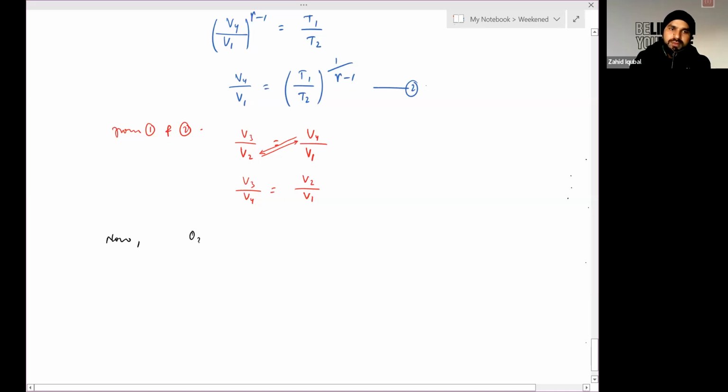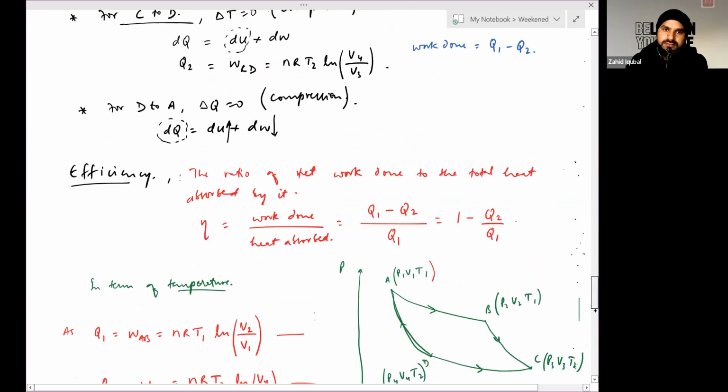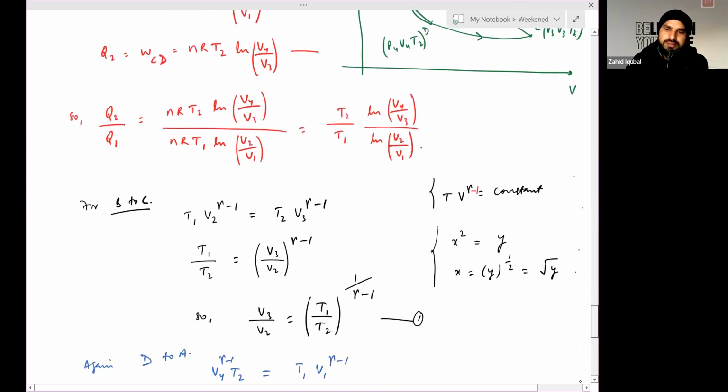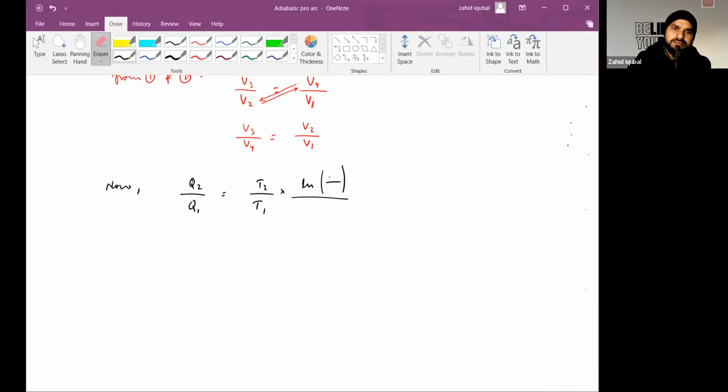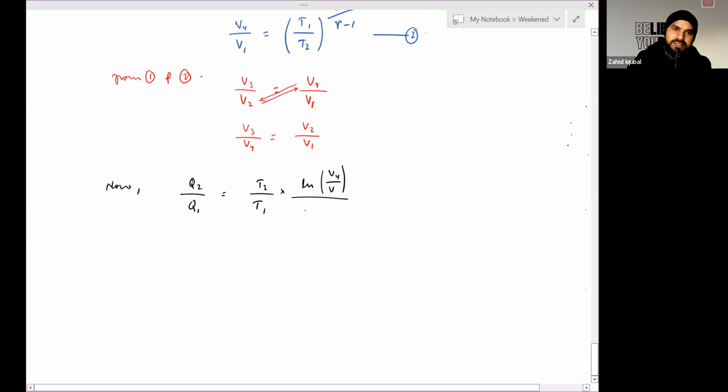Since we had Q2 divided by Q1 equals T2 divided by T1 multiplied by ln V4 by V3 over ln V2 by V1.